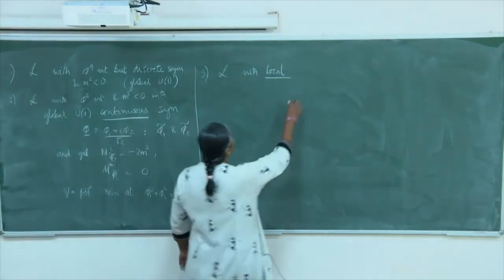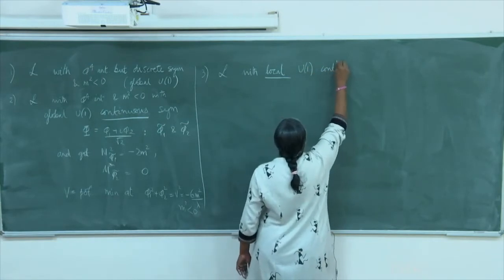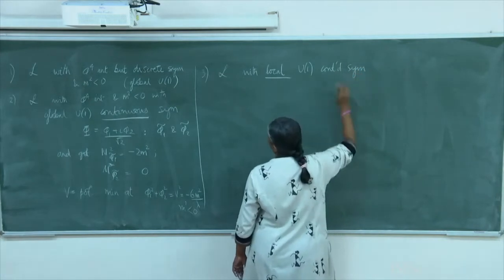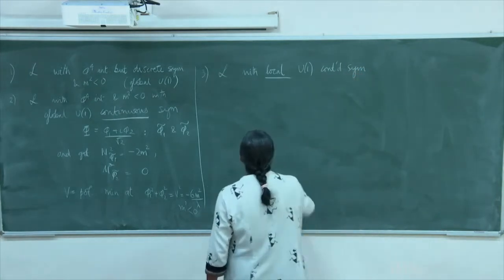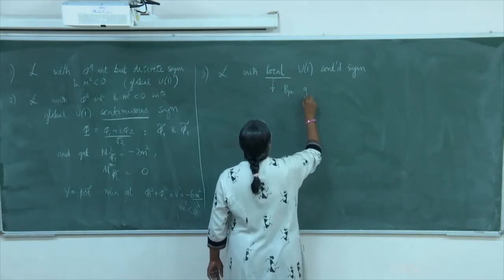Now I am going to go to local U1 continuous symmetry. So the moment I have local, I define a field. So I have a gauge field.